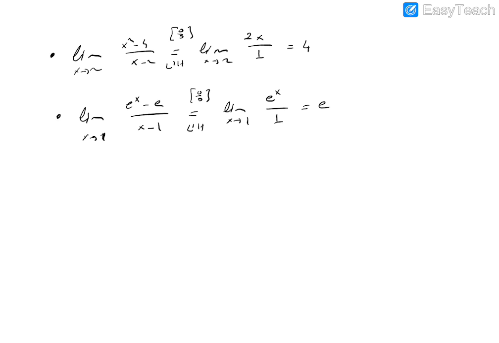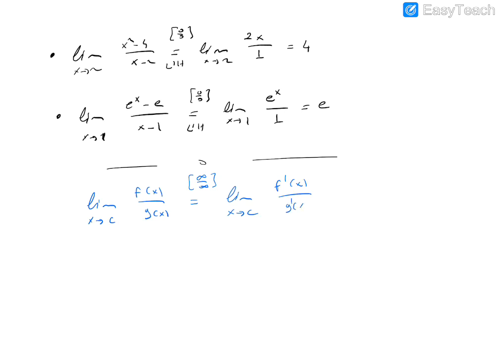For the infinity over infinity indeterminate form, we have the same rule. I mean, the limit as x goes to some number, it can be infinity or minus infinity again, of f of x over g of x. If here we have an infinity over infinity indeterminate form, you can apply L'Hopital's rule and you can say that it equals f prime of x over g prime of x.